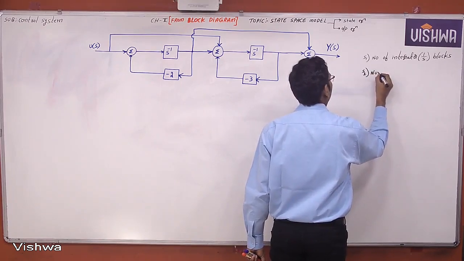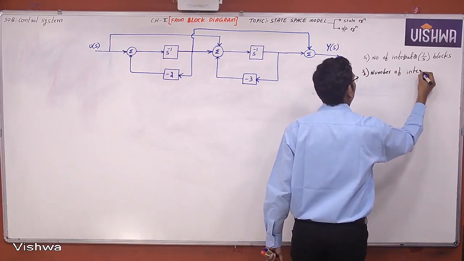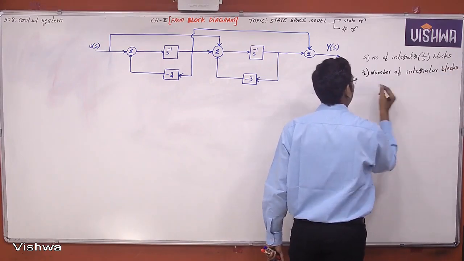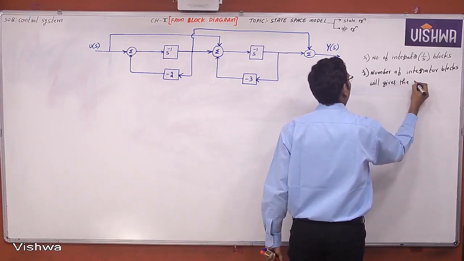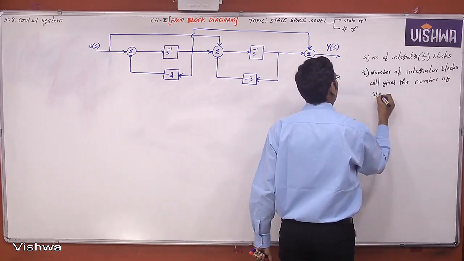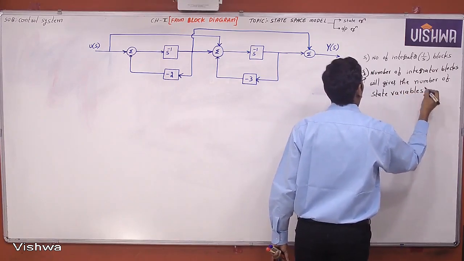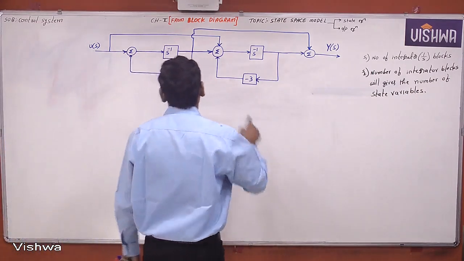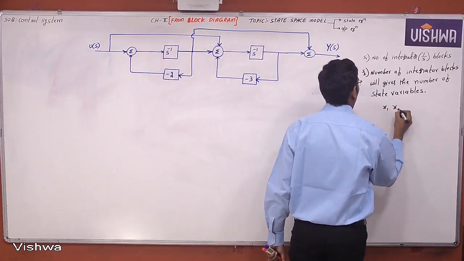Number of integrator blocks will give the number of state variables. So 2 integrator blocks, therefore 2 state variables x1, x2.